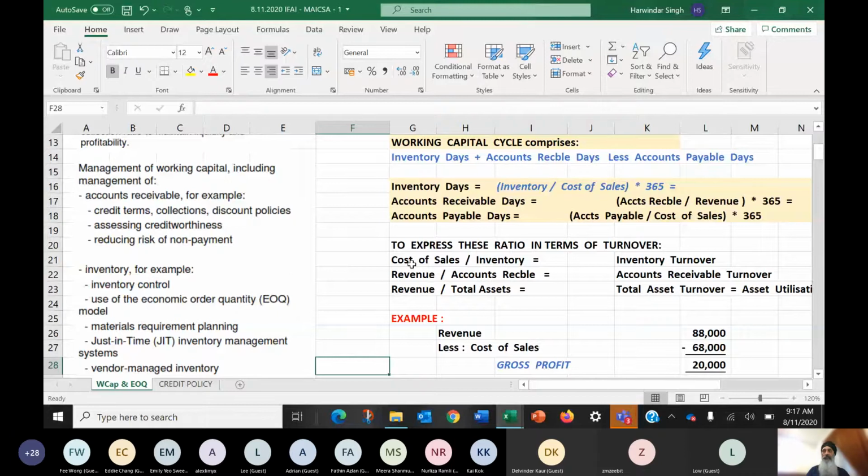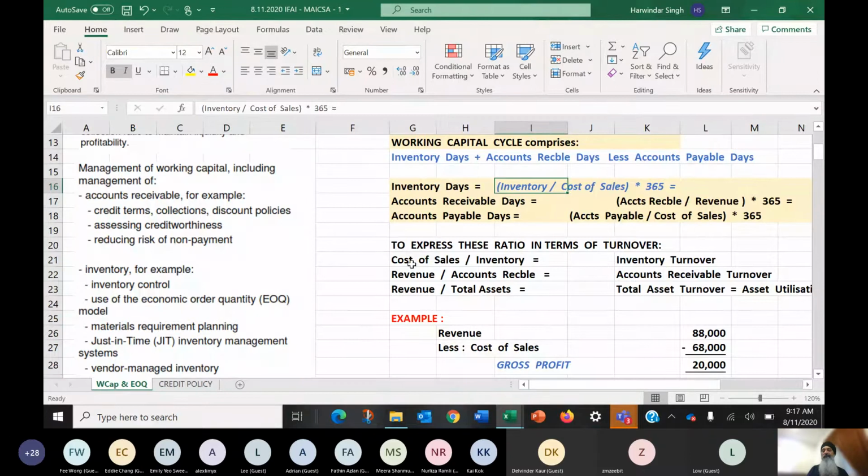A turnover ratio is basically a cost or revenue generated, an income or cost flow, divided by an asset. But if you take the revenue divided by the assets, then it is called asset utilization. I will show you that in a moment. If you want to express these same ratios, like inventory days is inventory over cost of sales, isn't it?